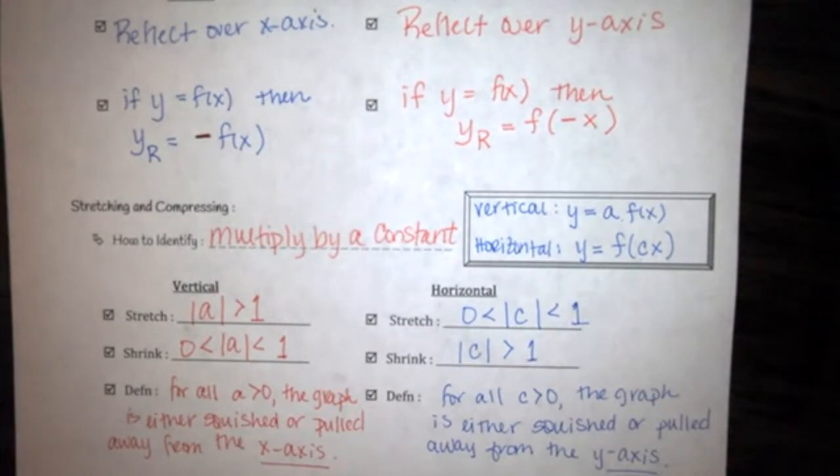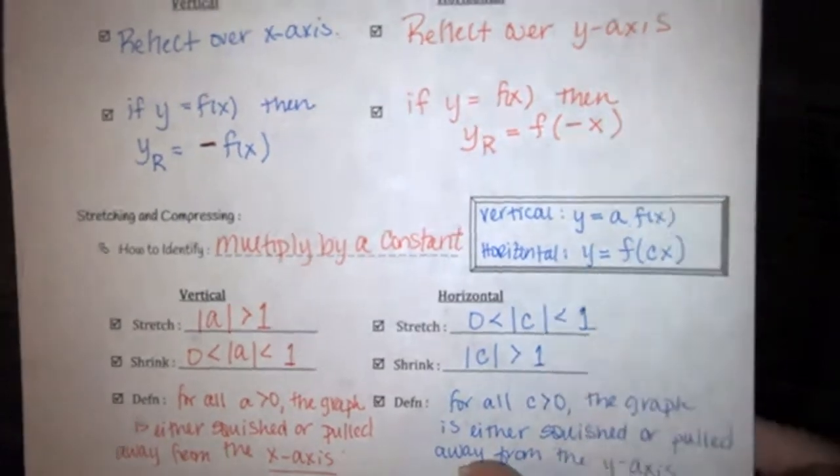If your operations, your values, your reflections, your negatives, your constants, if all of that is being applied inside a parentheses, then you have a horizontal look to it. Okay? So that's the biggest advice that I can give you. So here, what we're going to do is we're going to look at a couple examples in terms of what it is that you need to be able to do yourself.